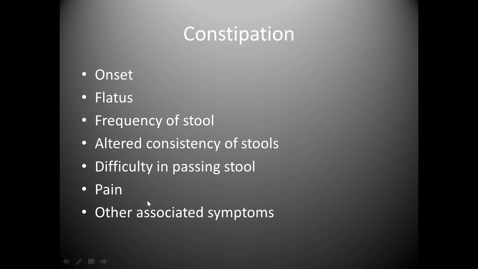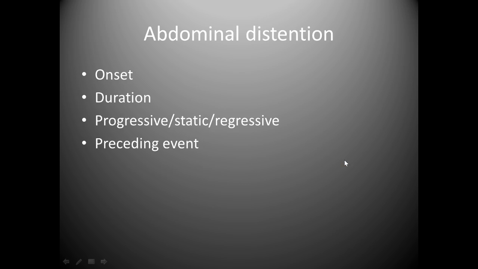Associated symptoms, like in hypothyroidism we see intolerance to cold and developmental delay. Now abdominal distension: if sudden in onset, it can be seen in congestive cardiac failure and Budd-Chiari syndrome.